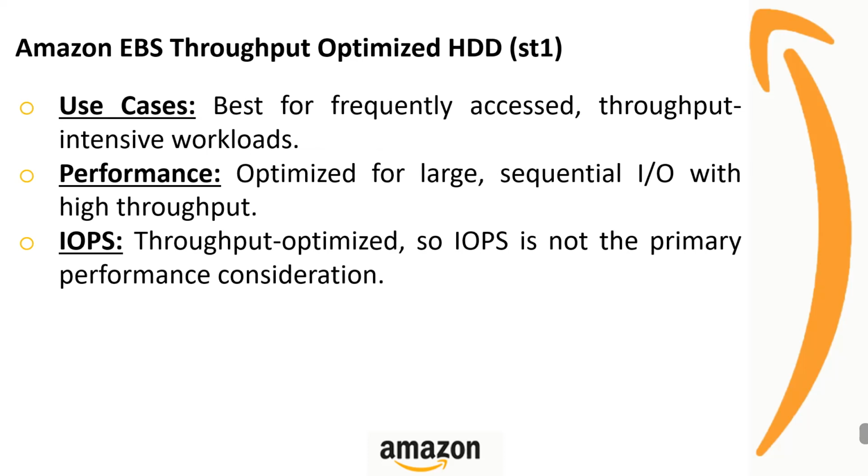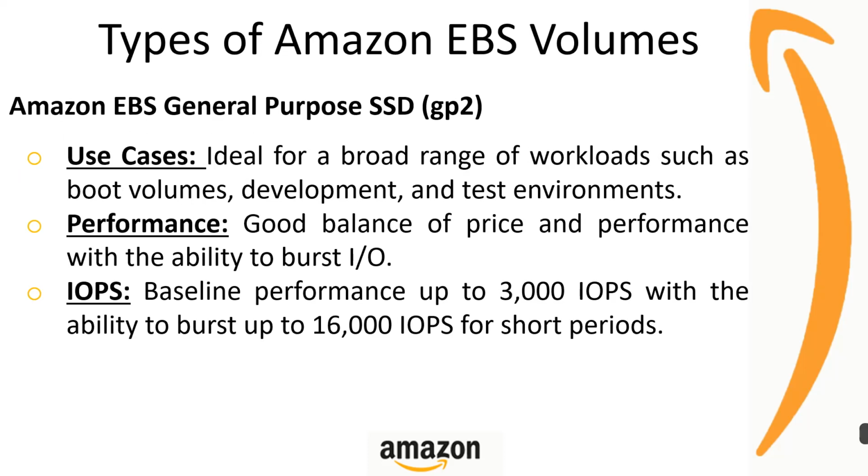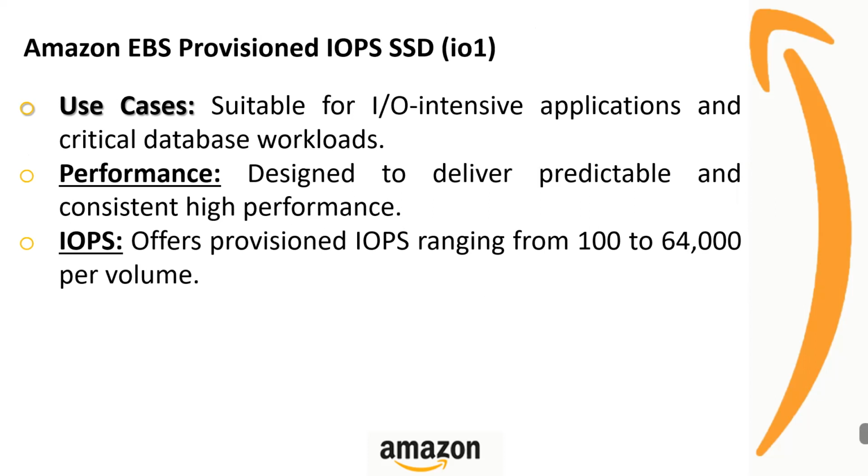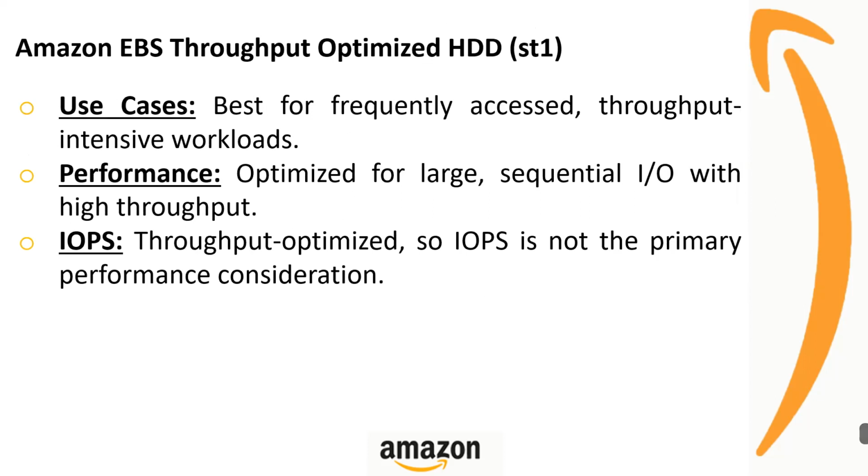Then the next one is Throughput Optimized HDD. Here you can see the first two are completely SSD, General Purpose SSD and this one is also SSD, and this one is the HDD, right? Use cases: best for frequently accessed, throughput intensive workloads, right? Performance: optimized for large sequential input output with high throughput.